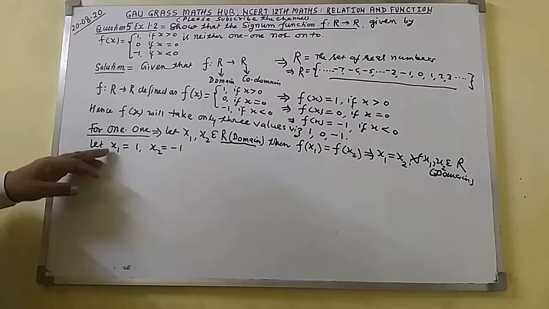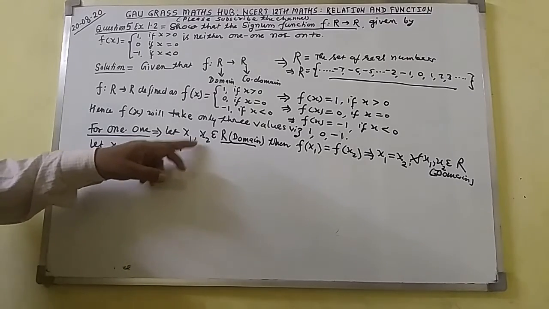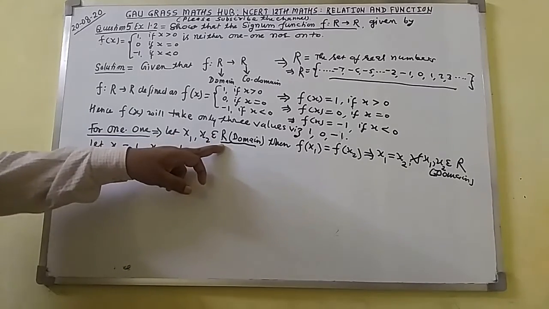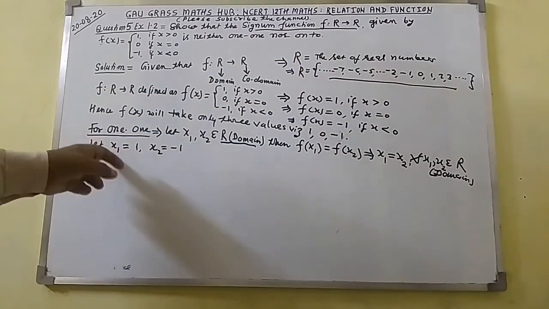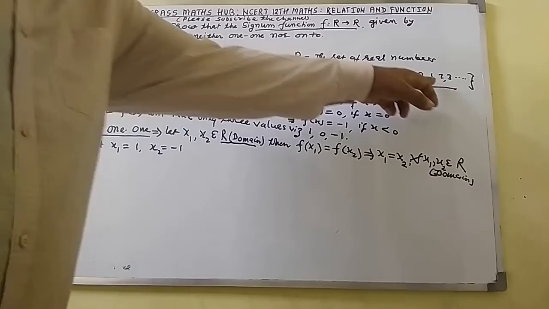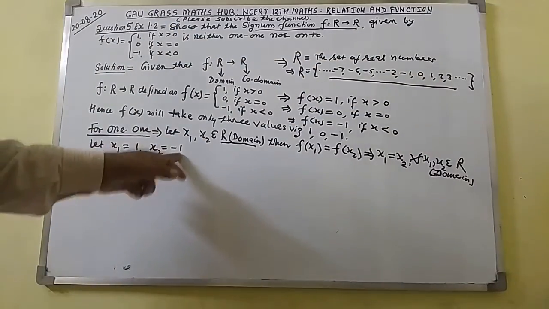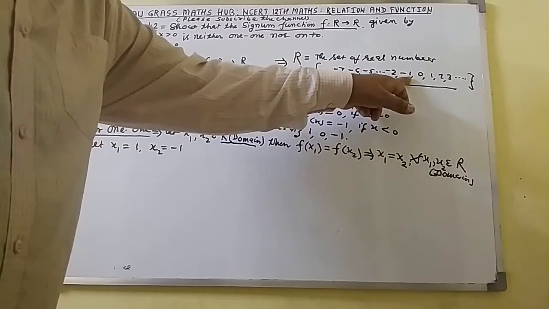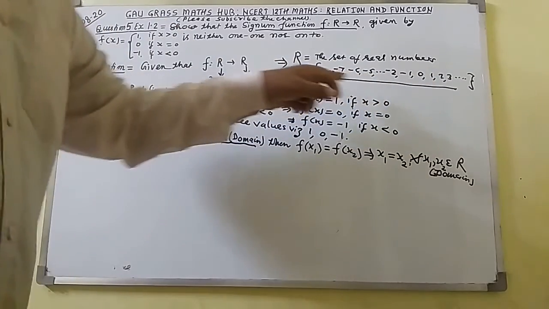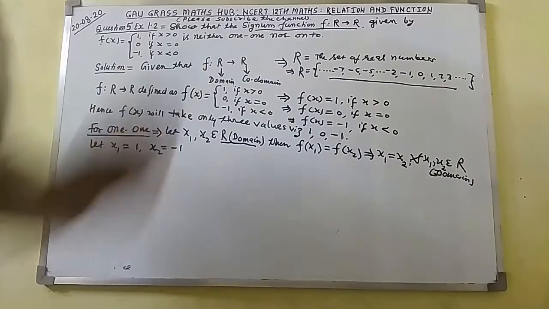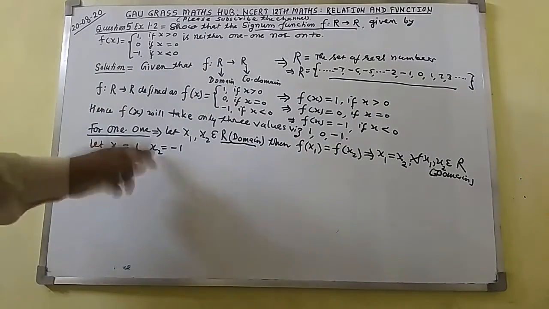Why? Because it says x1 comma x2 belong to capital R. In capital R you have x1 equal to 1 and x2 equal to minus 1. So -1 and 1 are elements of capital R, so I can take these.